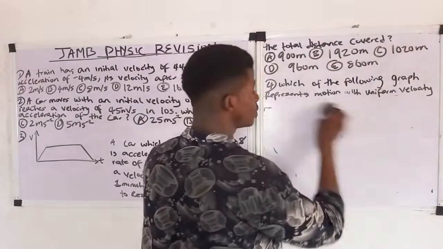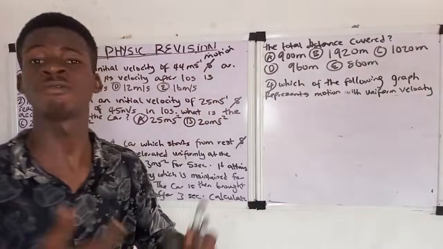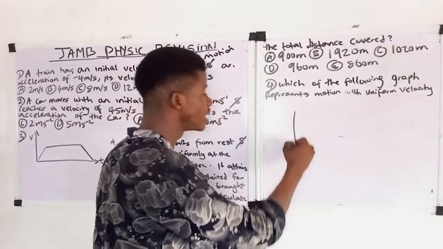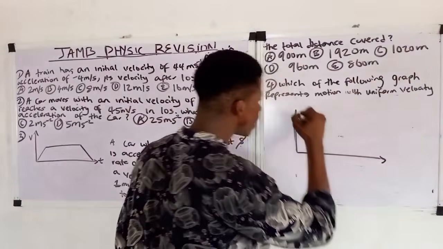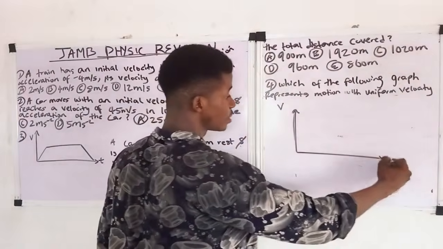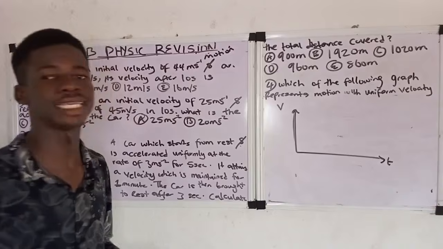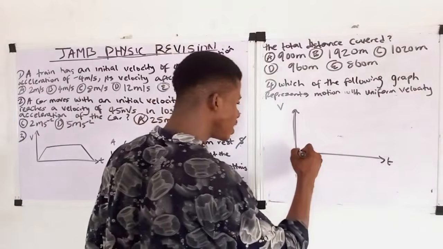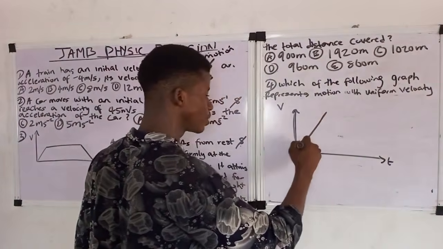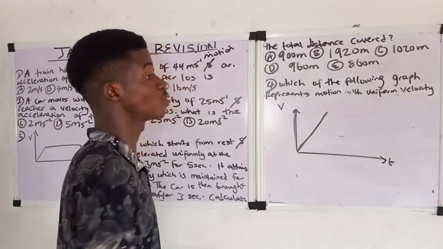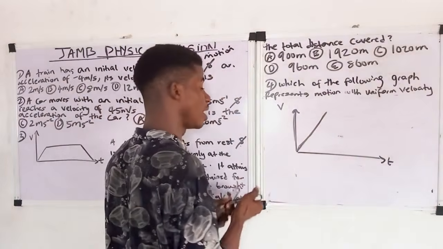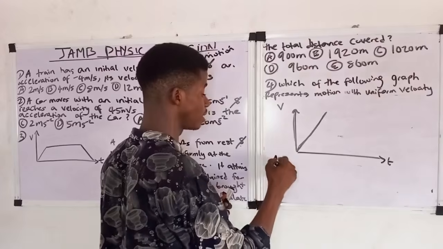Now this question is from a velocity-time graph, right? Yes, that is a graph of velocity over time. In a velocity-time graph, when you see an ascending line like this coming from the origin, this line represents acceleration, or we can say accelerating.